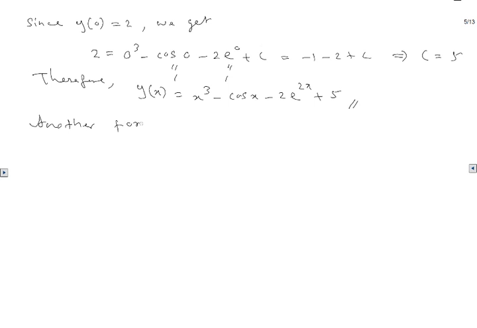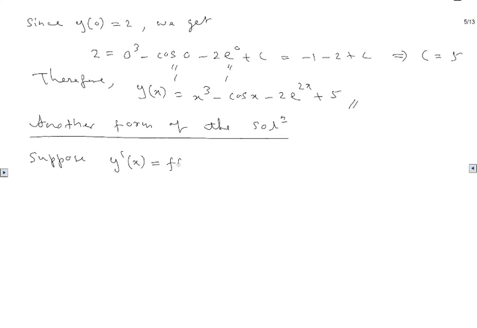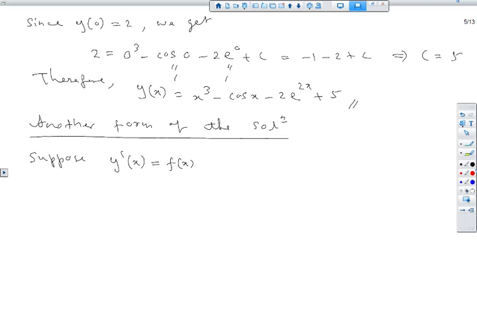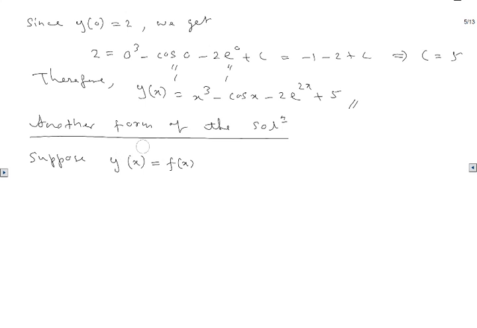Suppose y prime(x) equals f(x) with y(x naught) equal to y naught. x naught may or may not be 0; that's not really necessary sometimes.